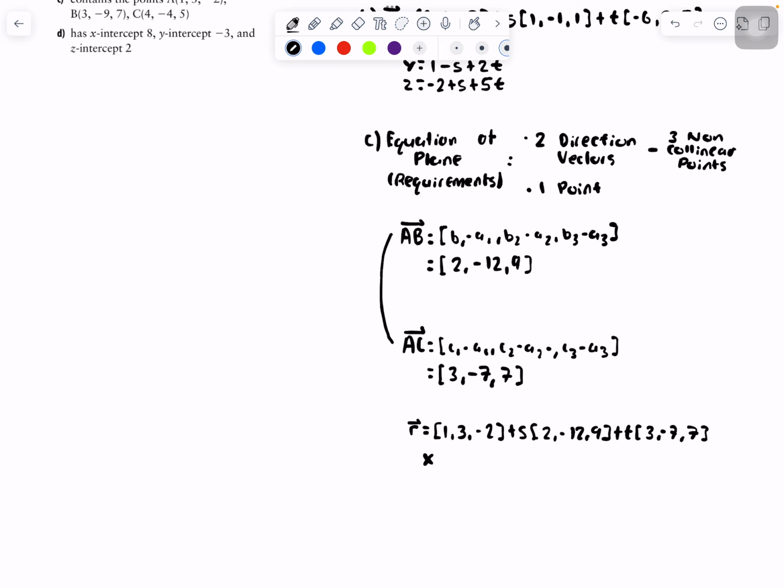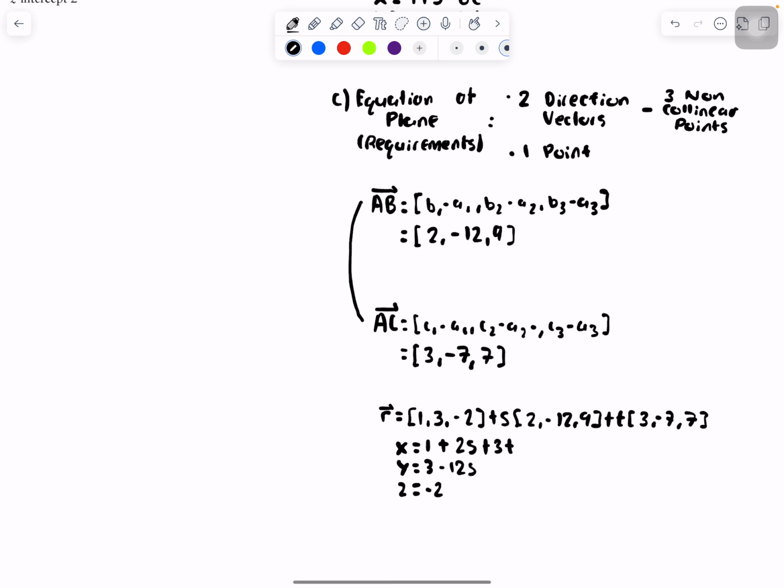Okay, parametric equations next. X, Y, Z, boom, boom. 1, 3, negative 2, plus 2s. 1 plus 2s, plus 3t. 3 minus 12s, minus 7t.